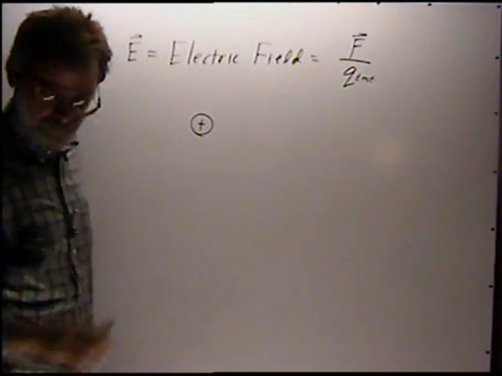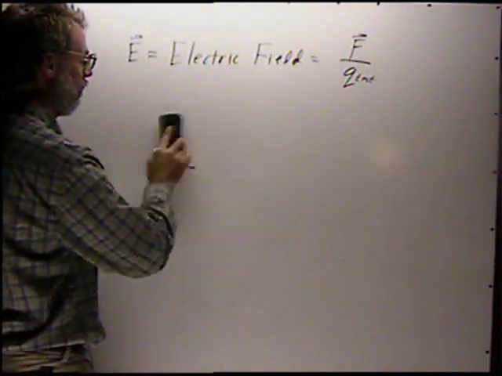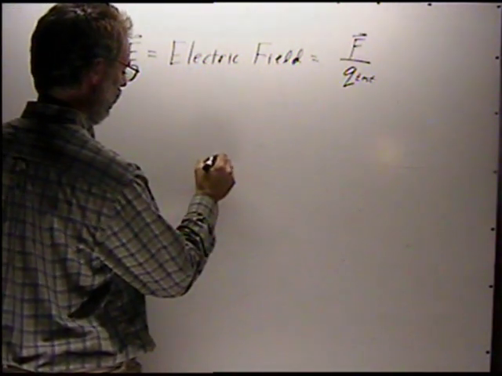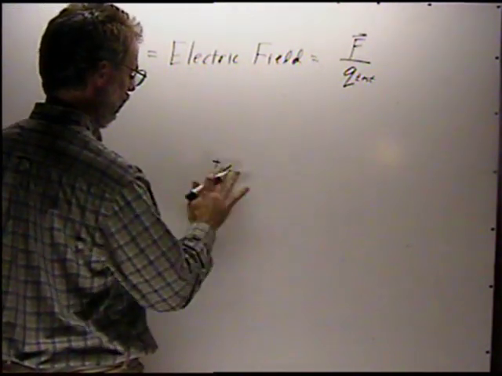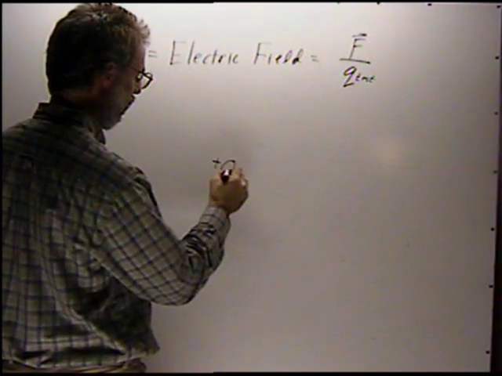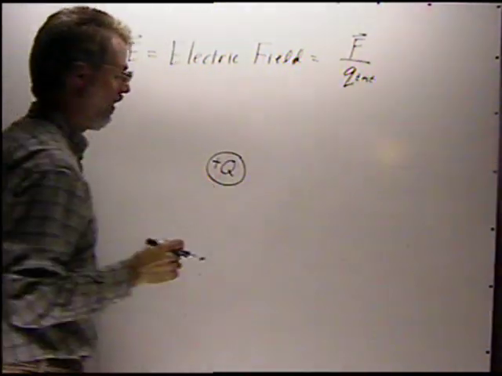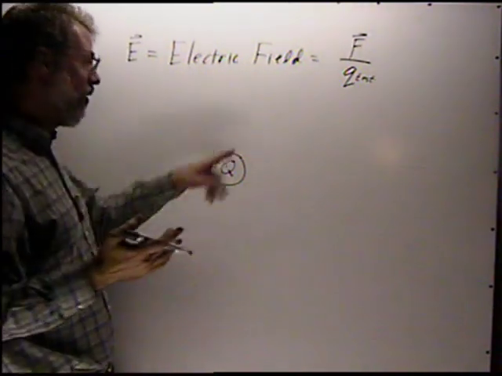First of all, suppose I have a plus charge right here. I'm going to put plus big Q to separate it from a little q. Two charges, one I'm just going to call big Q and the other little q.